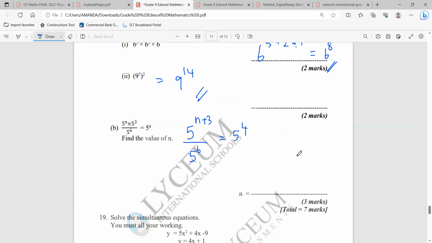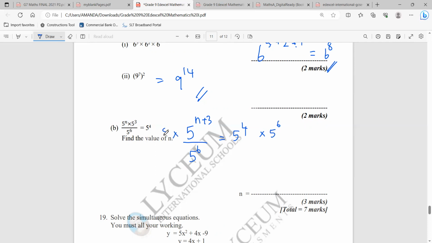Now, I think I can take this 5 to the power 6 up, so I'm going to multiply both sides by 5 to the power 6.